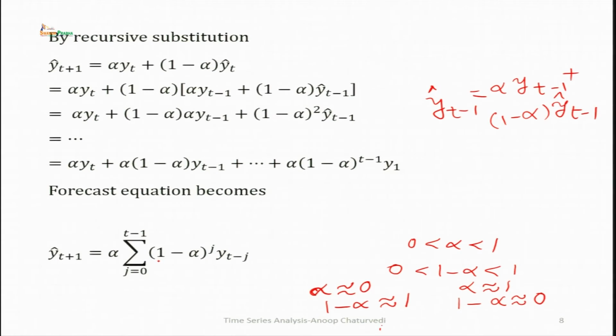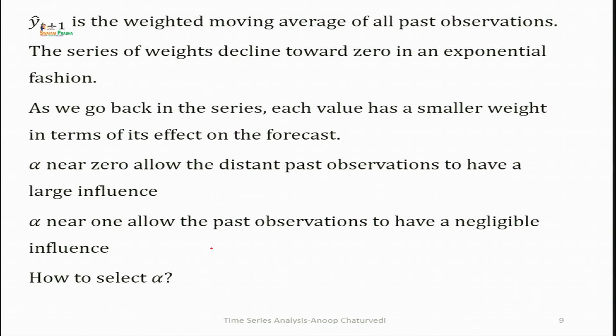So, this 1 minus alpha to the power j decreases very fast with increasing j. So, the past observations get very small or negligible weightage. So, those observations have a negligible influence on the forecast. The problem is how to select alpha.